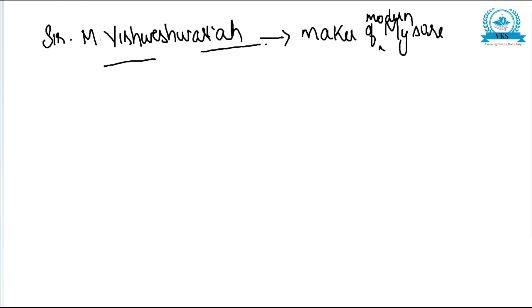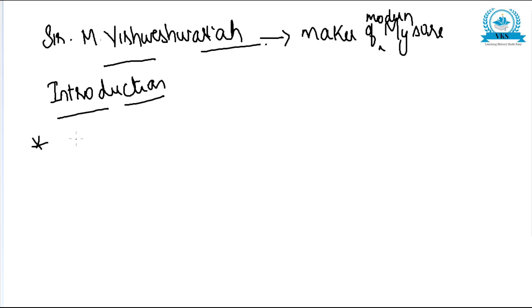Let us see point by point what has to be added in this answer. As I have already told you, for an essay you should have an introduction, then the body of the essay, and then a conclusion. Let us see what we are going to write in the introduction.